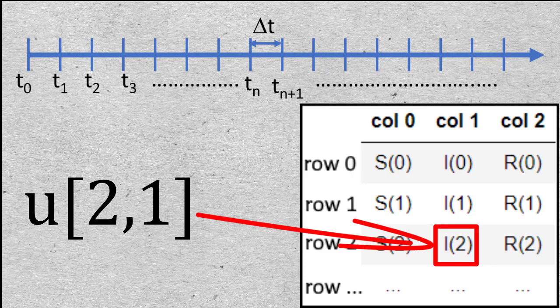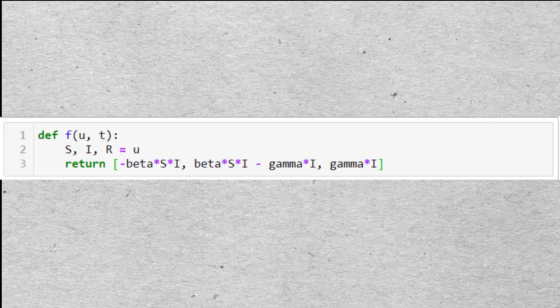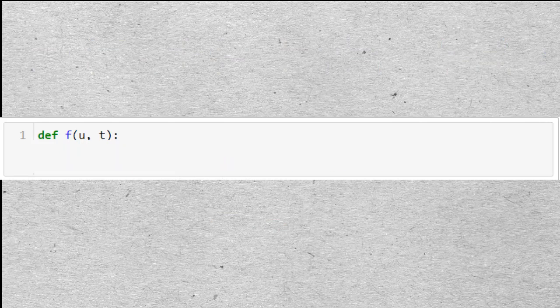Now that we understand how to refer to any cell in the array, let's define a function we'll call f. Line 1 declares the function. The code that calls this function passes to it u, which will be a row from our array U, and t, which will be the row's time point.